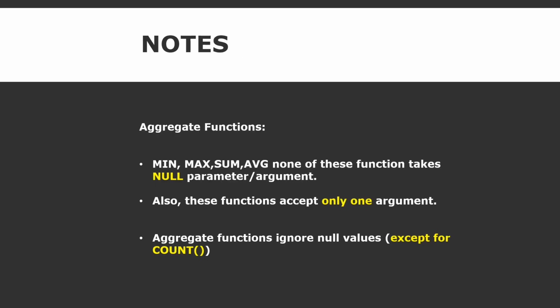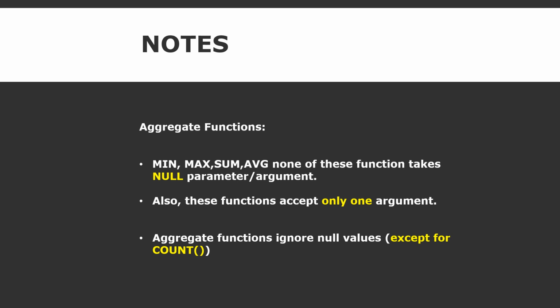So things to remember from the examples or the questions we have seen: none of the aggregate functions take a null argument. Also these functions accept only one argument, and they return a value. And aggregate functions ignore null values except for count.